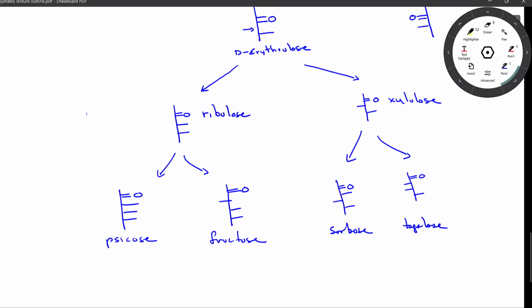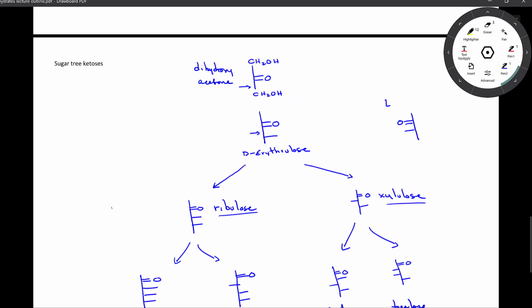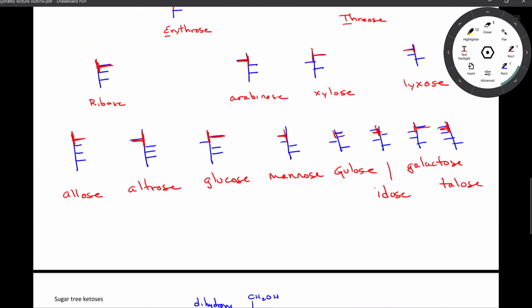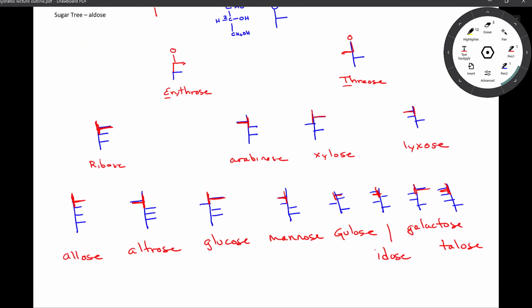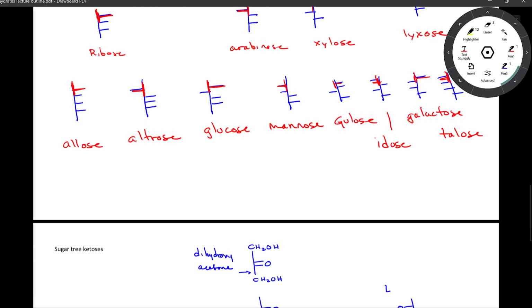So here's the rest of the sugar tree for the ketoses filled out. And some of the things you should notice that are helpful to know is, for example, when you look at ribulose and xylulose, and you go back up to ribose and xylose, you notice the bottom two carbons are of the same configuration, both to the right or right and left, right?